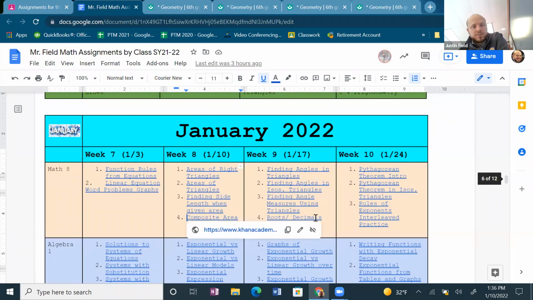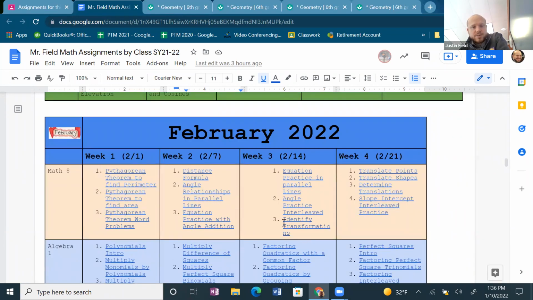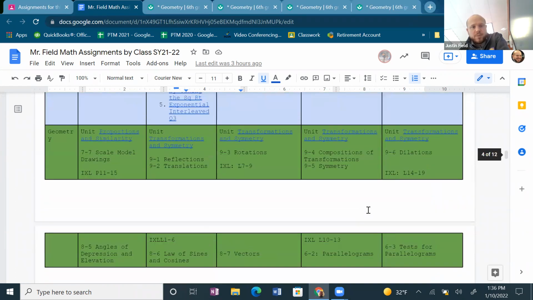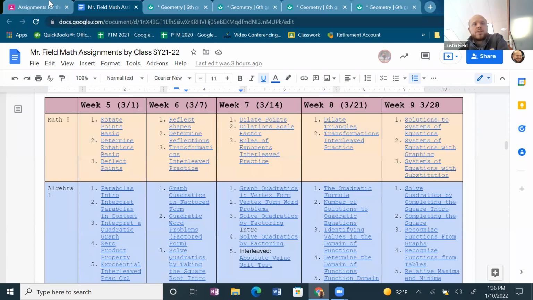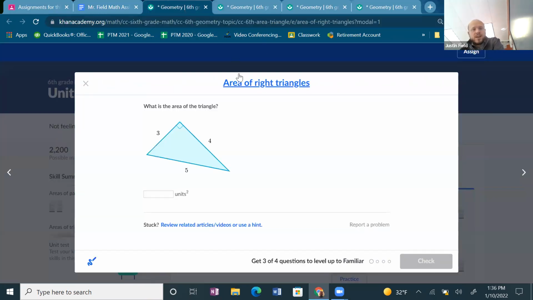Oh, roots and decimals next week. We're going to revisit that. We're going to look at slope and intercept at the end of February. So don't you worry. Everything we learned, I want you to remember. And so we'll have to go back to it and do some spacing, right?